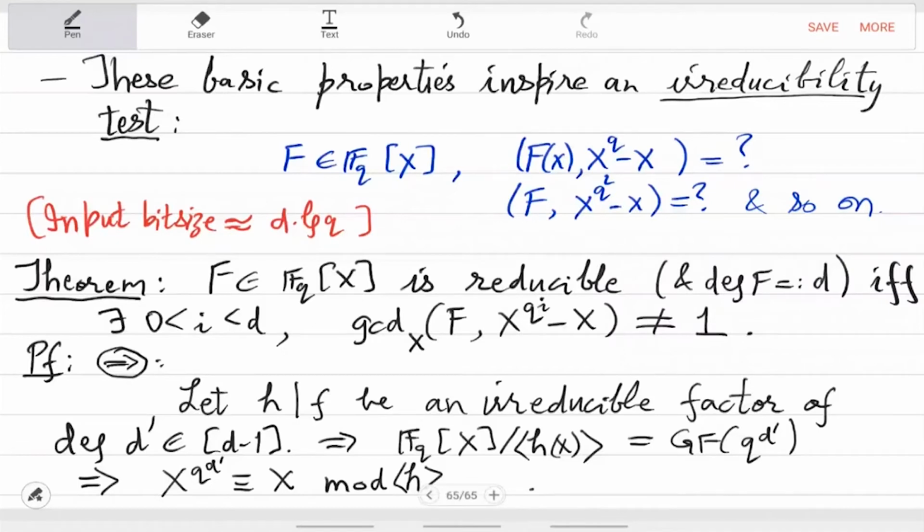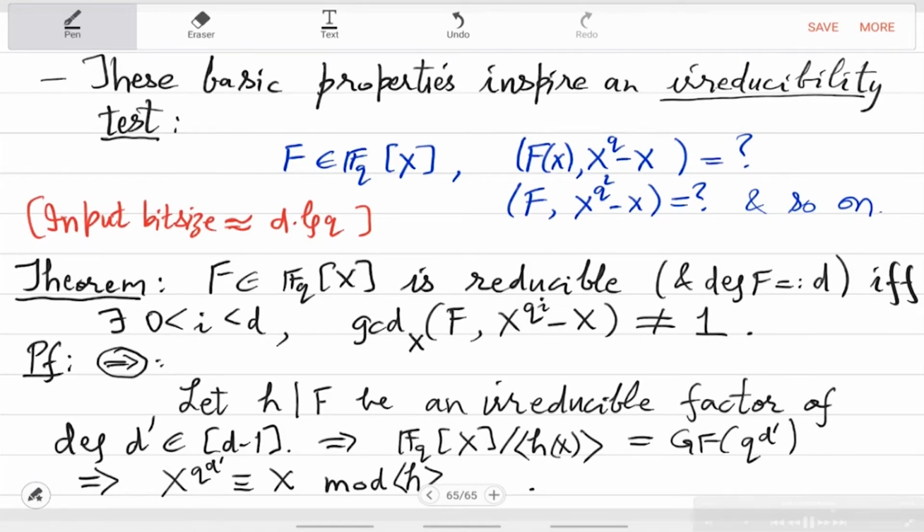So h divides this polynomial, and h also divides the original F. Sorry, I should use capital F there. I've changed the notation. So h divides your input polynomial by assumption, and h also divides this by Frobenius action.